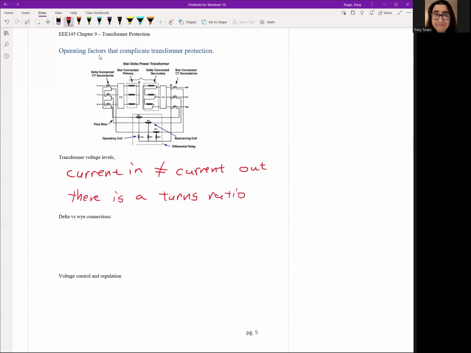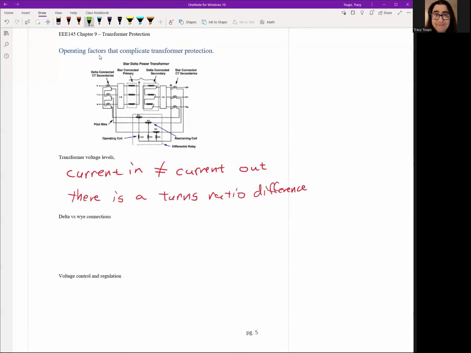So the turns ratio, there's a difference in current from input and output. And if you remember, it's a straight ratio. If you have a 10-to-1 transformer, then your current is going to go up by 10. If you have a 5-to-1 transformer, your current will increase by 5, right? So you just have to take it into account whenever we design our system. But it is one more complication that we need to remember.